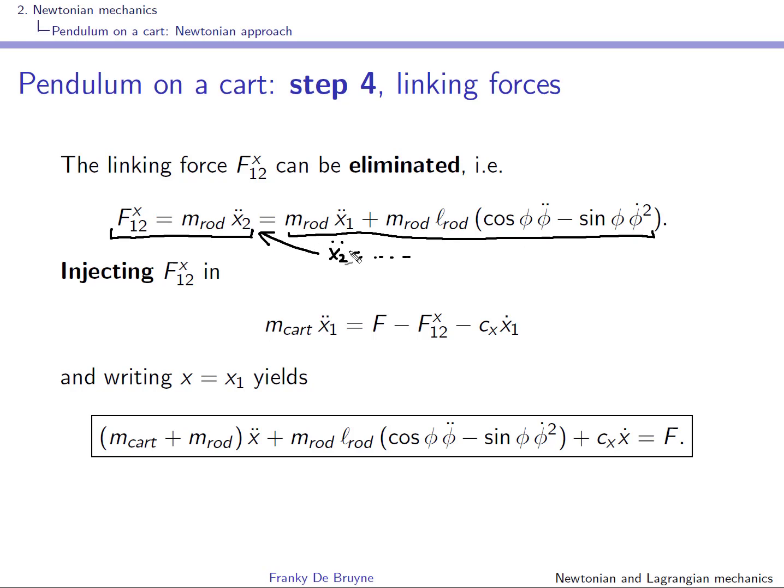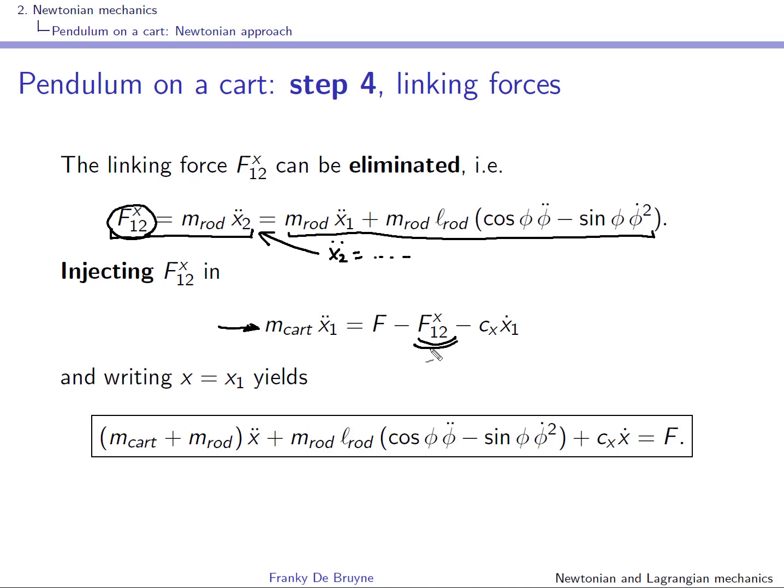I'm not going to go into the details of the results, but I just want to explain the philosophy, right? So now we have an expression of this linking force that has to be eliminated, and this is the x equation that we had written for body 1, and as you can see, it involved this linking force.